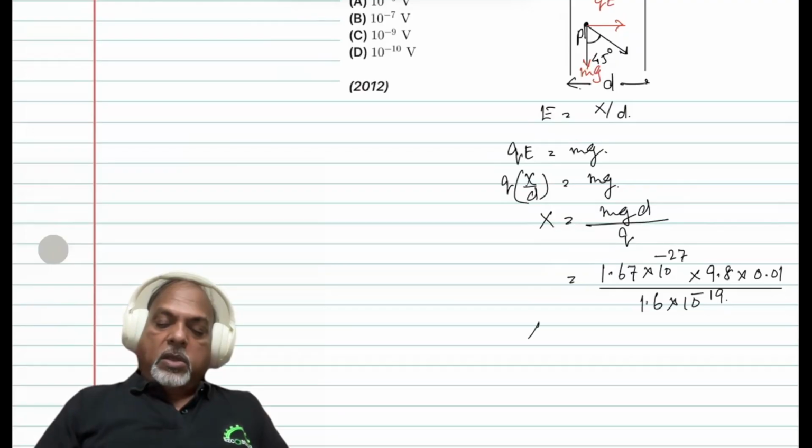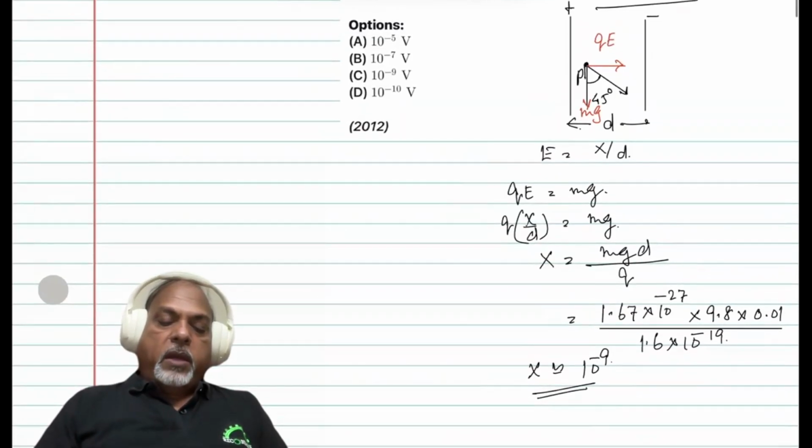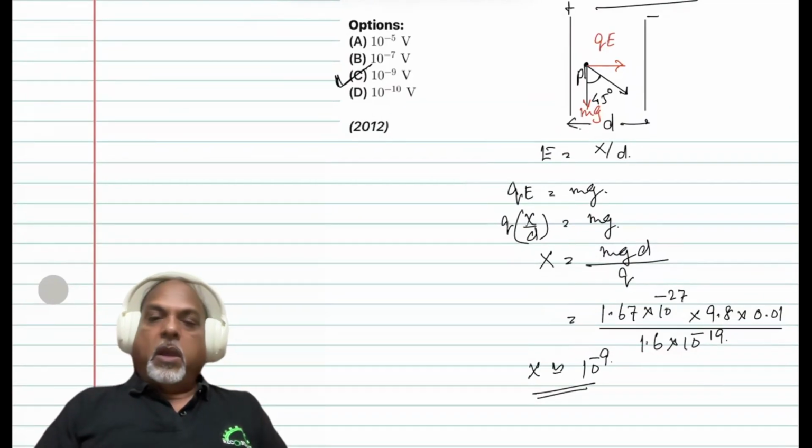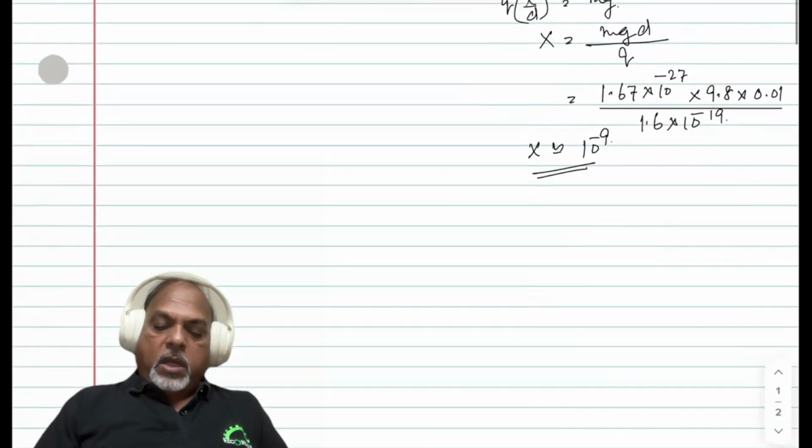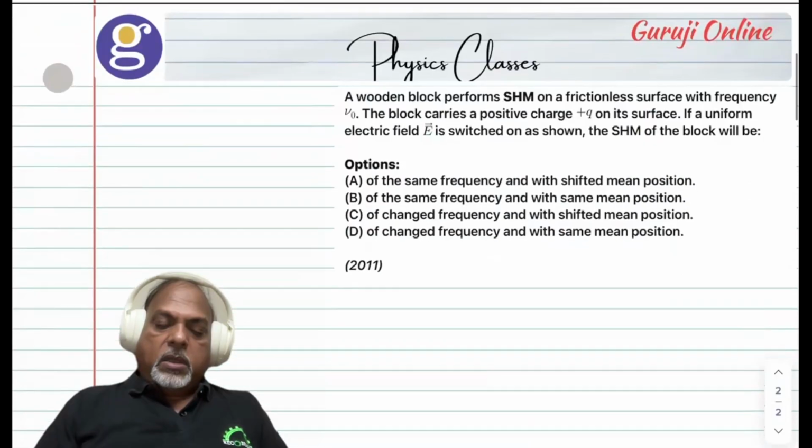And this X will approximately come to 10 raised to minus. So here our answer is. I hope this question is clear. Correct? Now we will go to the next question.